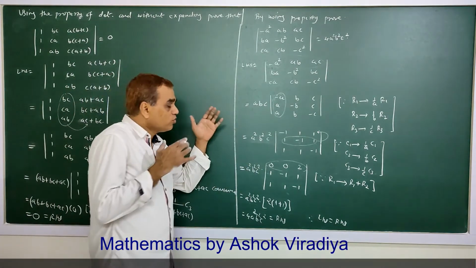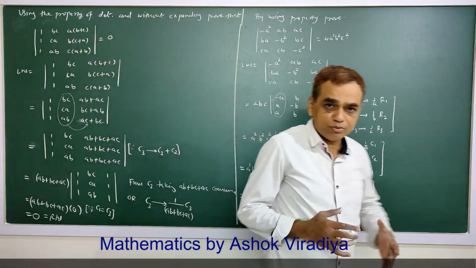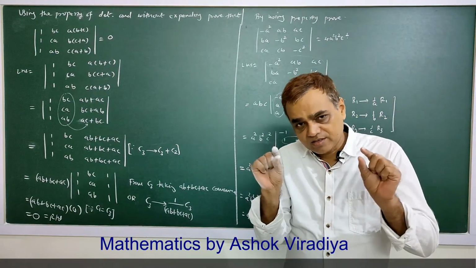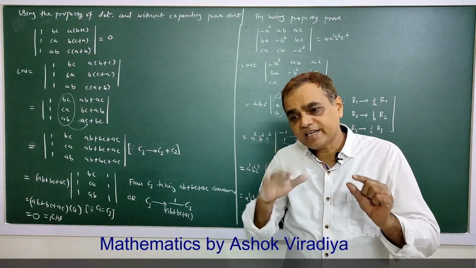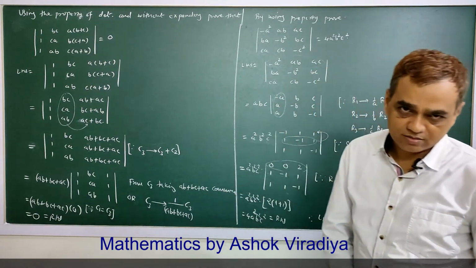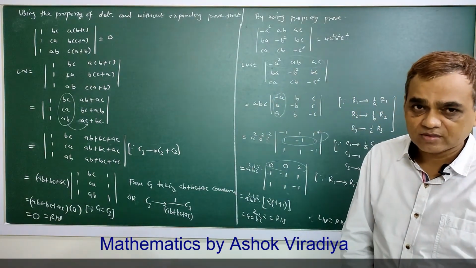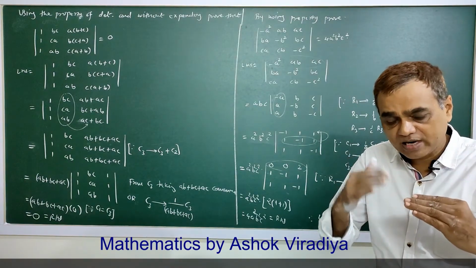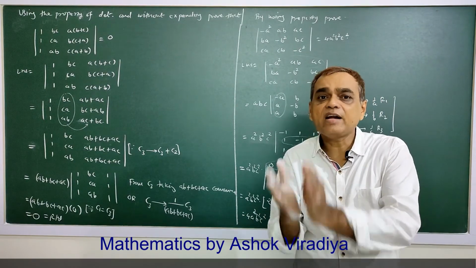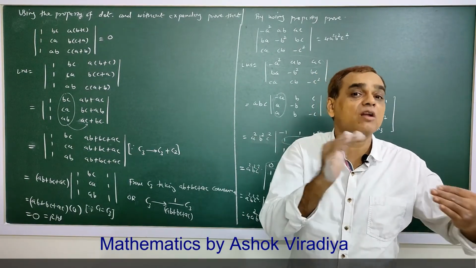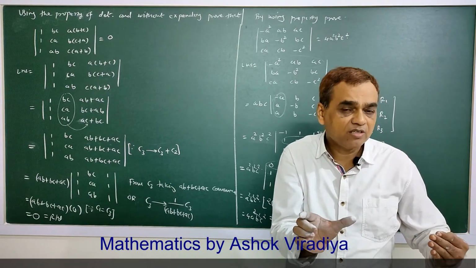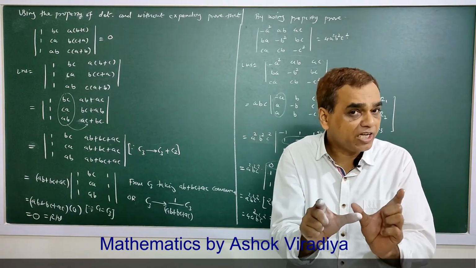So when we do such type of problems, prove that, whenever we find anything common from any row or column, then take it out, continue sign of equality. Or second important rule: any row or any column multiplied by any number and added to another row or another column, performing this operation also, value remains unchanged.